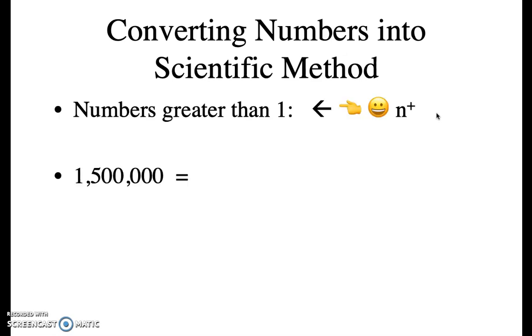Okay, numbers greater than 1. We have a little hand pointing to the left. What this tells us is that if you're moving the decimal to the left, the smiley face is the decimal, that means our exponent gets positive. So let's take this number right here, 1,500,000. It's understood that the decimal point is right here, correct?